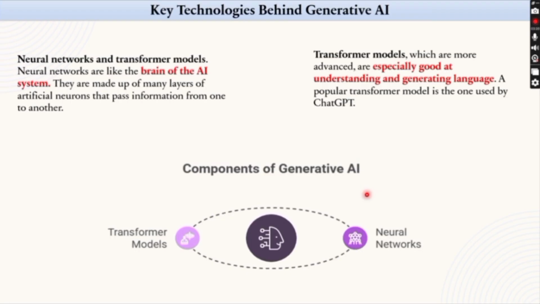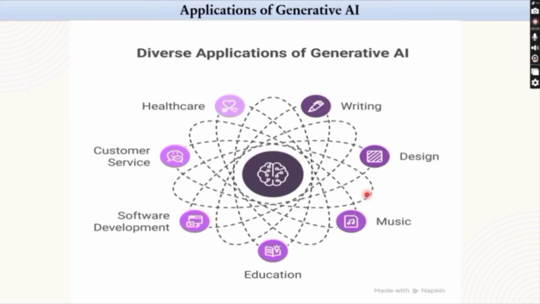So now let's see applications of generative AI. Generative AI has many useful applications in different fields. In writing, it can generate articles, blogs, summaries, or creative stories. In design, it can help create artworks, graphics, and animations. In music, it can compose original melodies. In education, it can explain topics in simple language and it can generate practice questions as well.